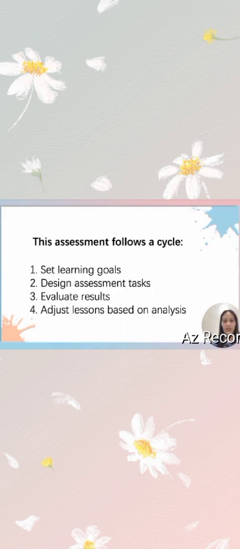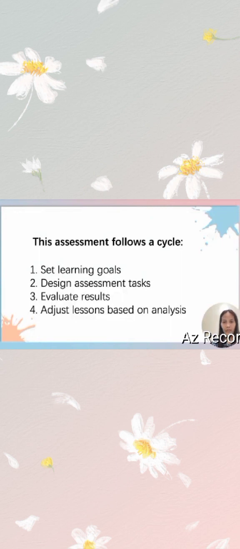For those struggling with tense usage, we might incorporate more practice activities in future lessons. So, four cycles. First is set learning goals. Next, design assessment task. Third is evaluate results. And fourth is adjust lessons based on analysis.